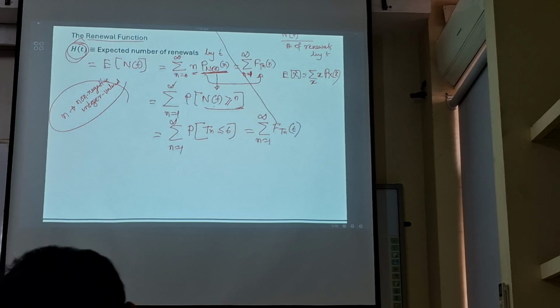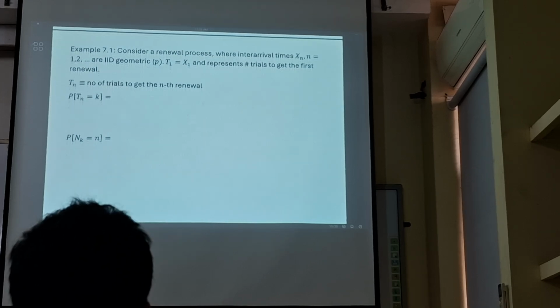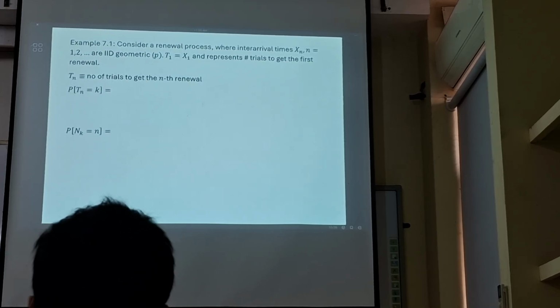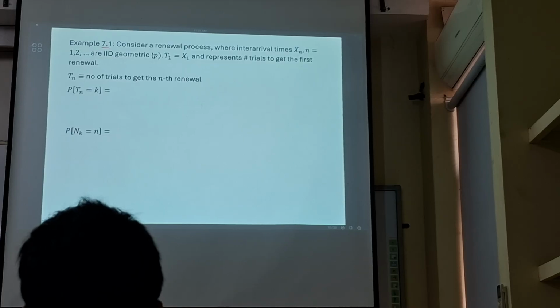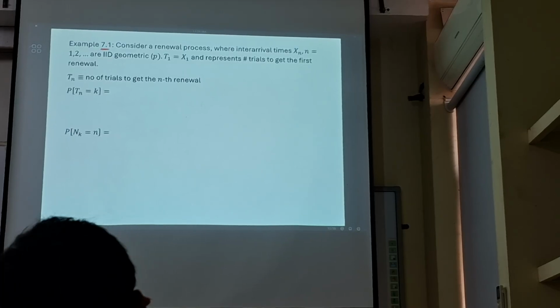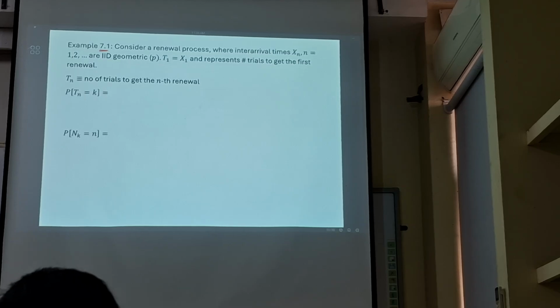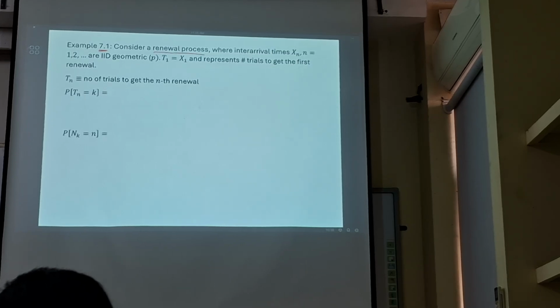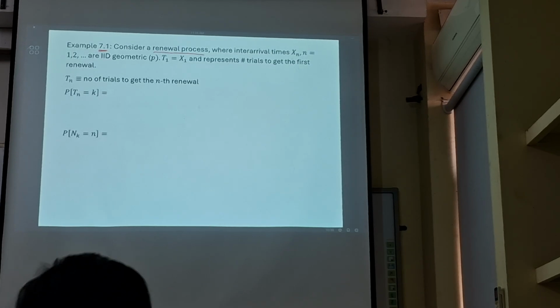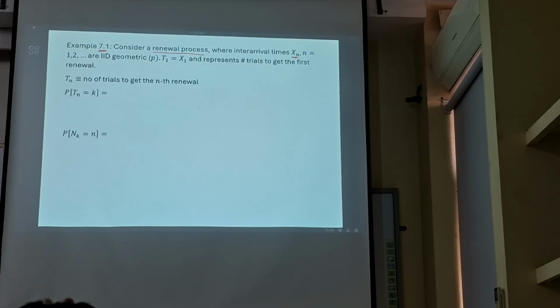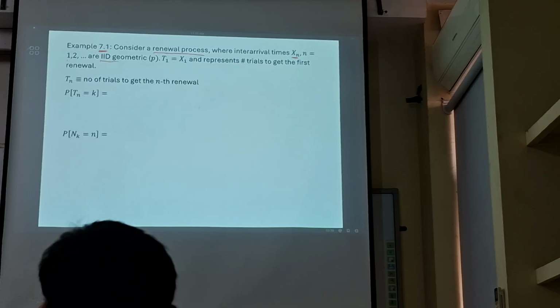Any question here? Okay, if there is no question, then let us go for an example. Very simple. Let us consider a renewal process where the interval times X_n, n equal to 1 to infinity, are IID geometric.